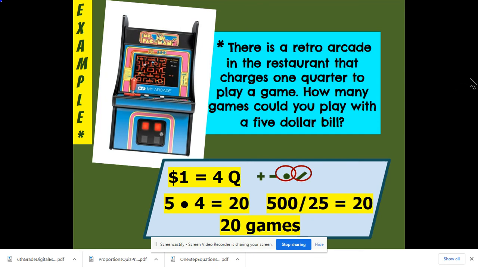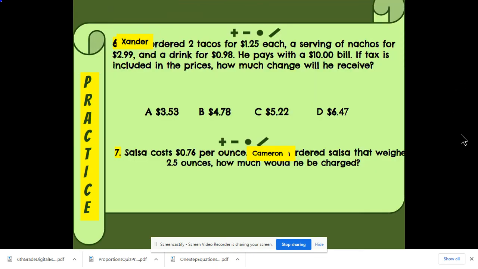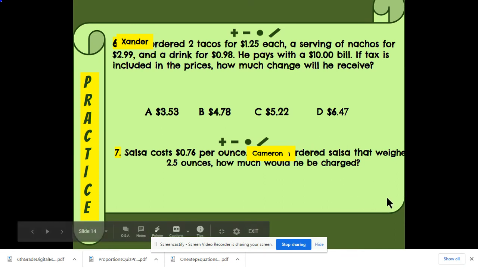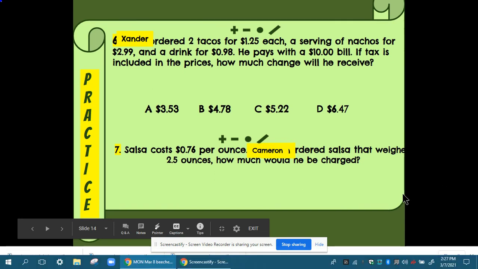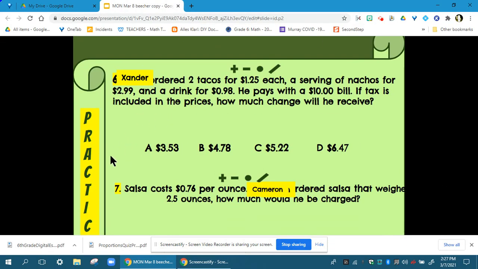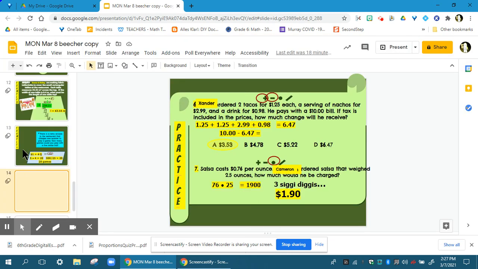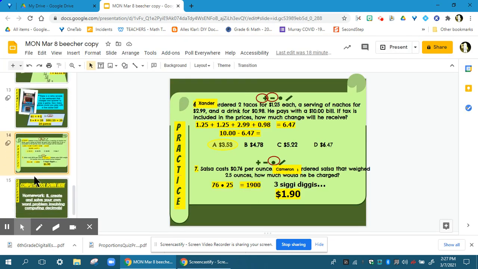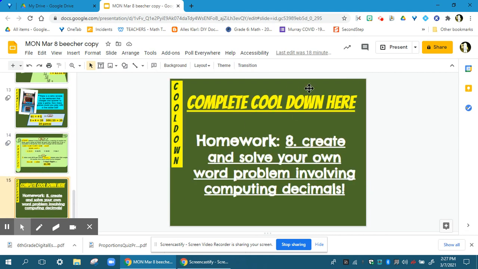Okay, now you're going to give 6 and 7 a try, and then you will check your answers. There also is a cool down form. And for homework, there's a cool down form that will be linked here.